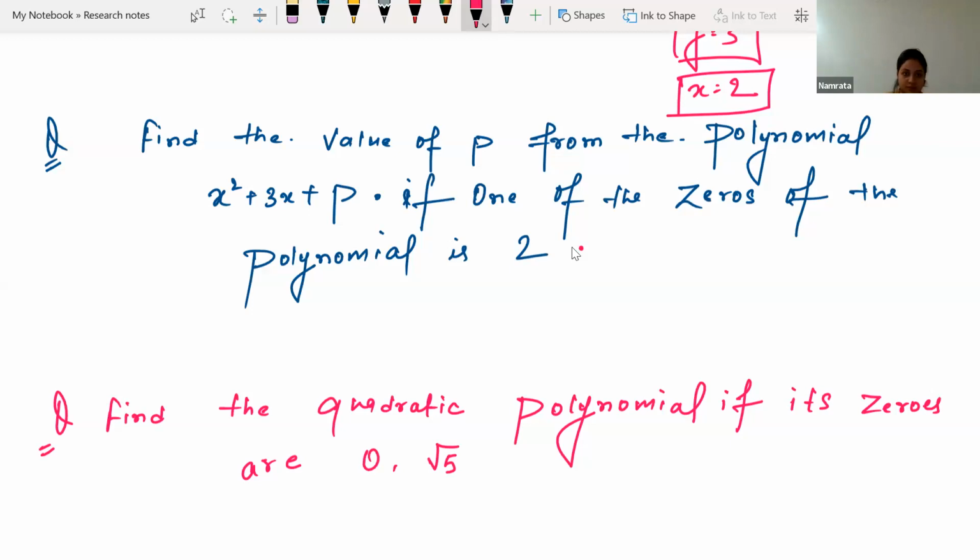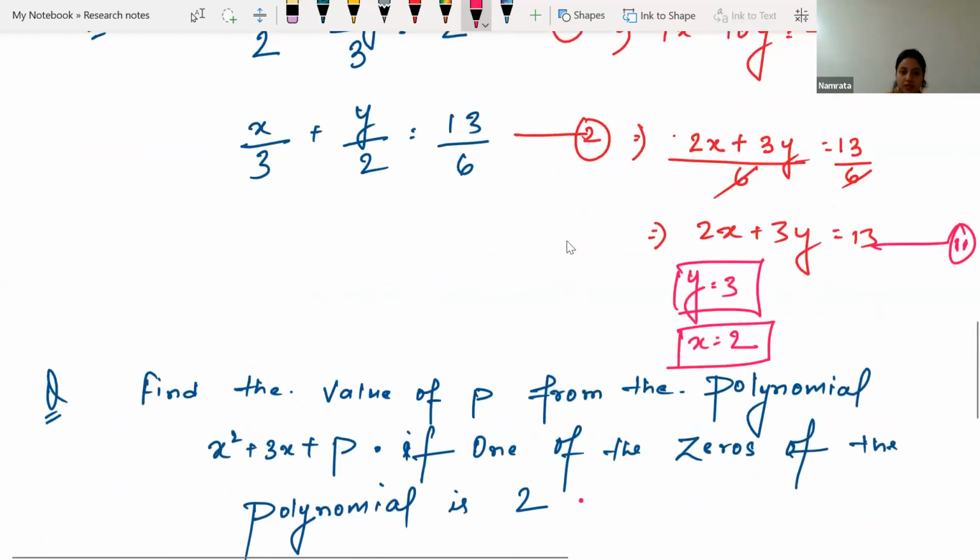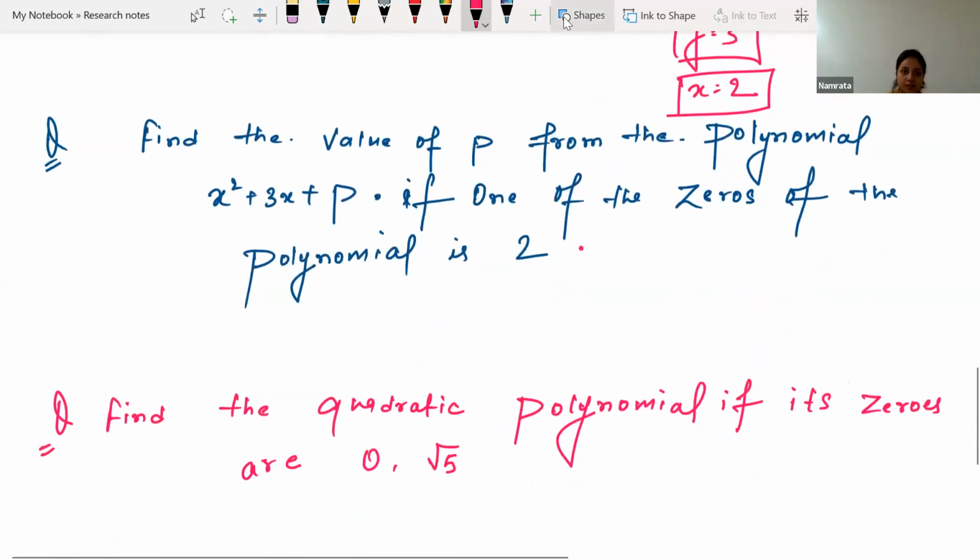P equals to minus 10. How did you get that? For this I substituted x with 2. Okay, so we need to substitute x as 2, so it will be 2 square plus 3 times 2 plus p is equal to what?